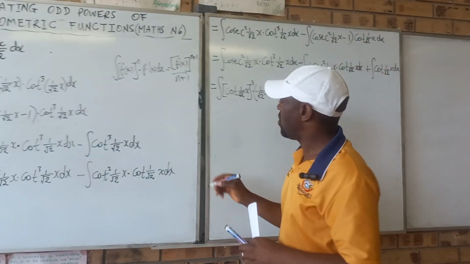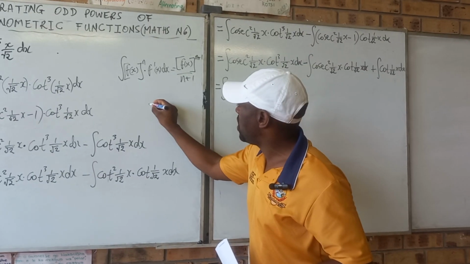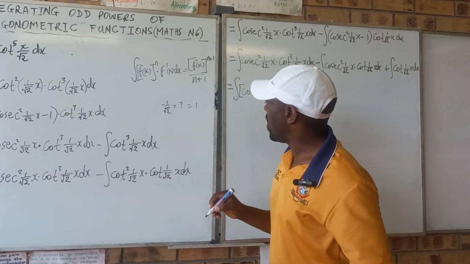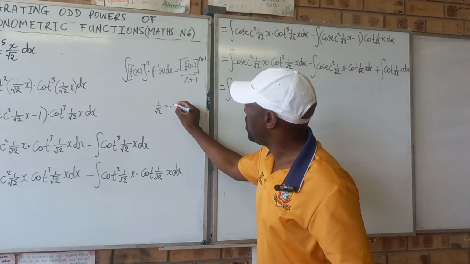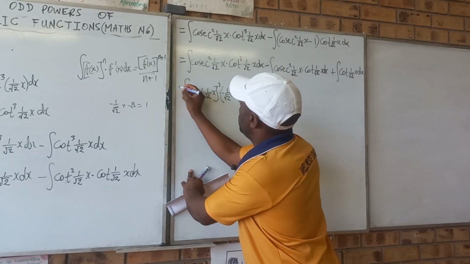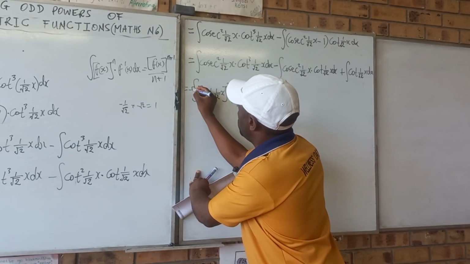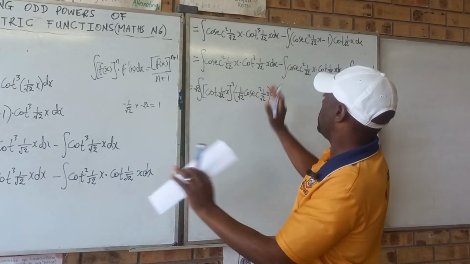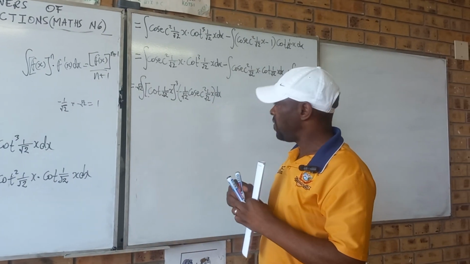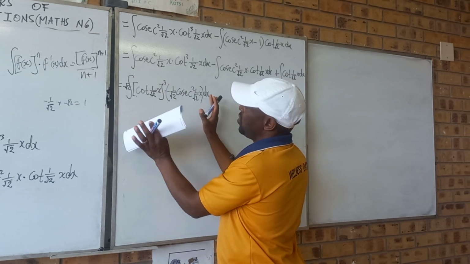So when I say take care of, it means if I get negative 1 over 2, what number will I multiply with to get 1? You see that number must be negative 2. So if I can go outside and put my negative 2 out, then I'm done with my u substitution for this particular term.